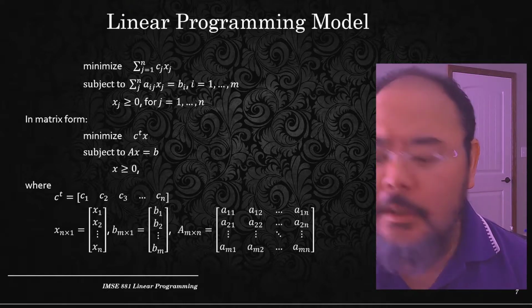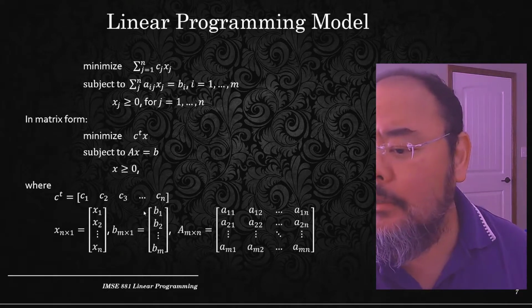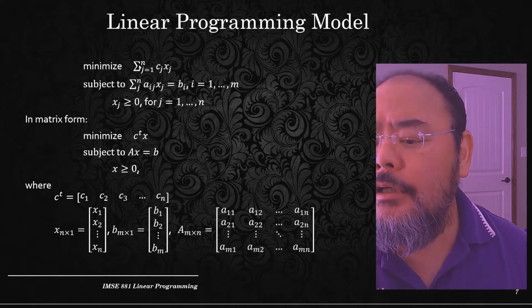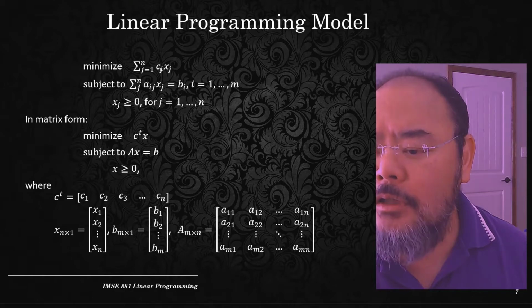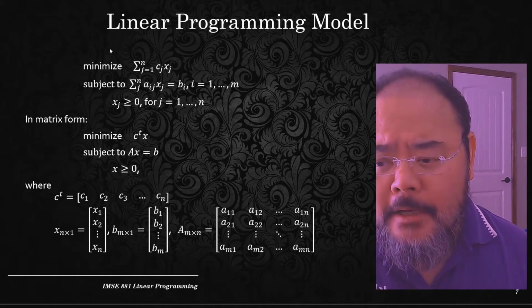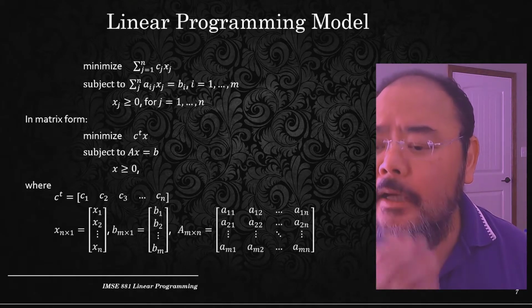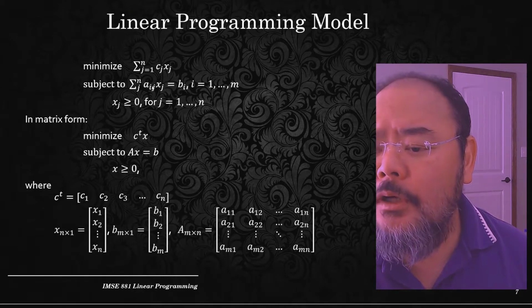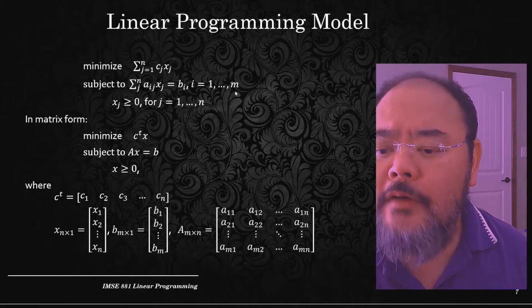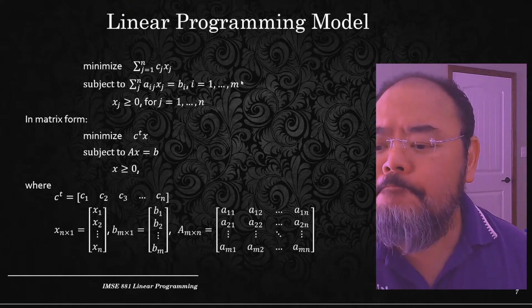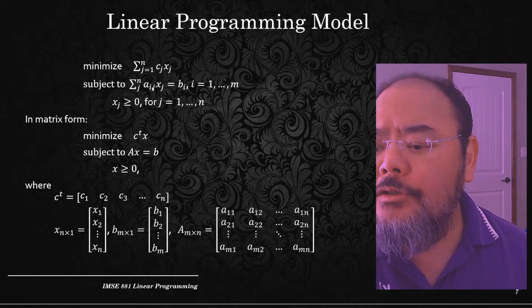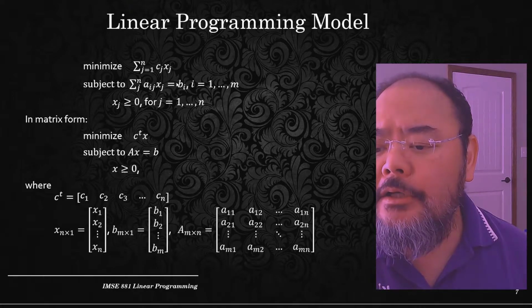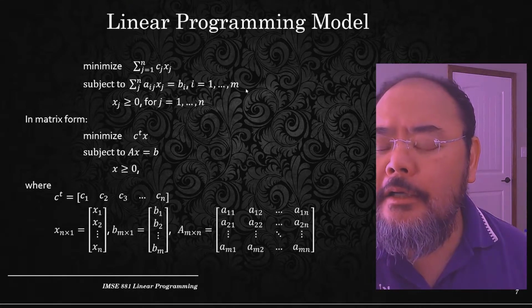linear algebra. We minimize an objective function that is the summation of Cj times Xj. Cj is the cost coefficient for your model, and this is the objective function, subject to a whole bunch of constraints, a total of m constraints right here. And aij times xj equals bi for i equals 1 to m.